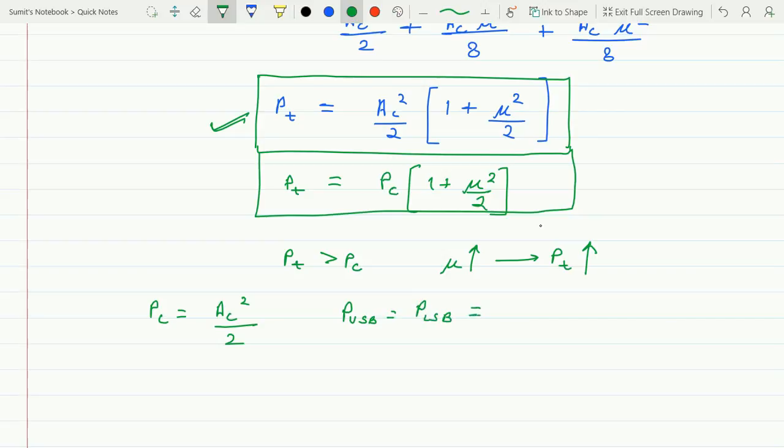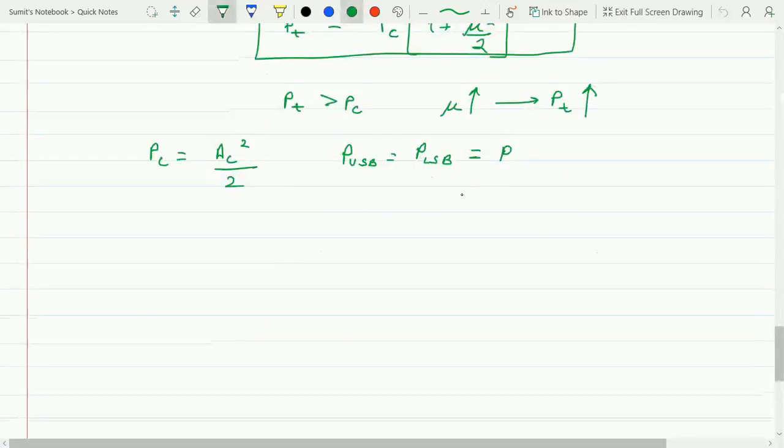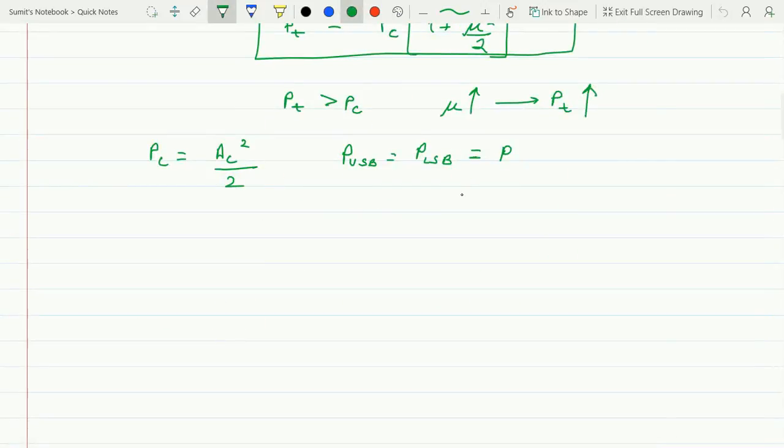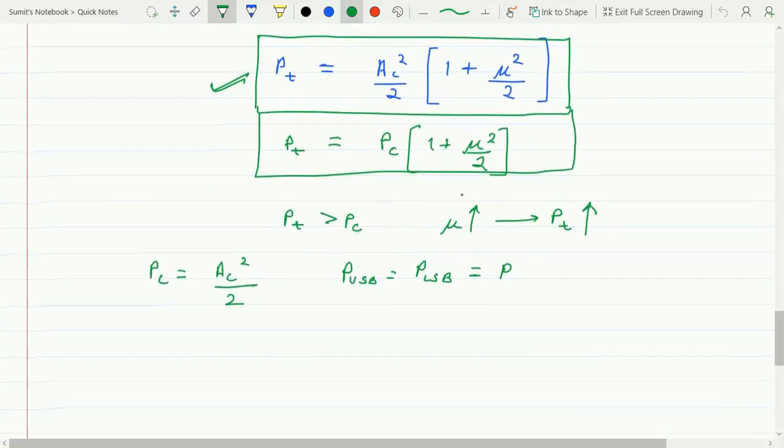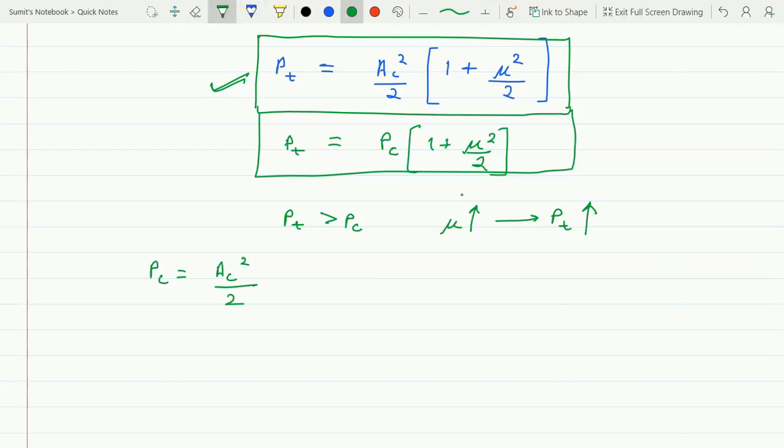Let's do it this way: you can write this PT as PC plus PC mu square by 2.